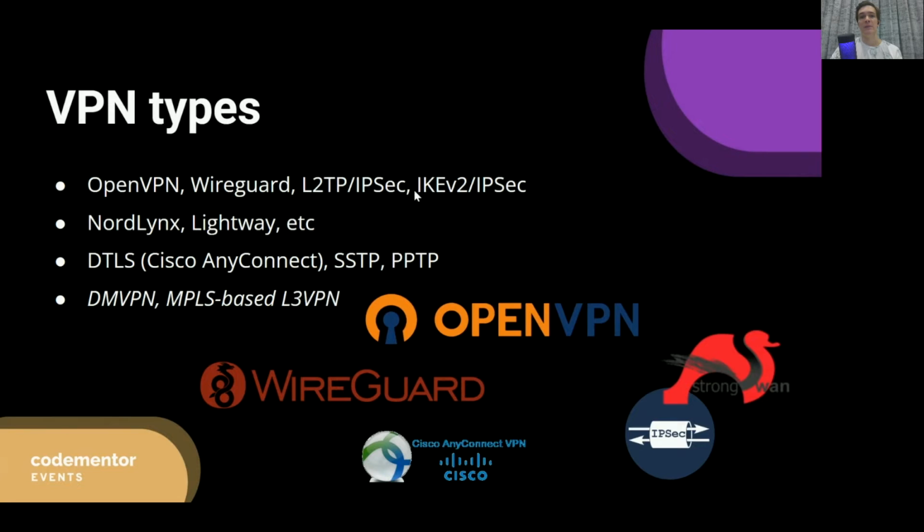As I said, AWS uses it by default. Any mobile device has it integrated, even iOS. I think Windows has it integrated, but it's usually L2TP. But if it's Linux, StrongSwan is the way to go.